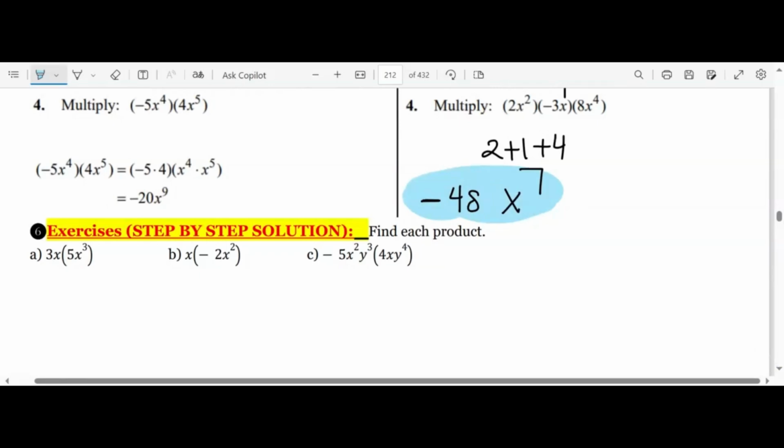Group work is better than one. 7 x to the power of 7 or q. 2 plus 3, 3 plus 4, 7. Okay, like this?